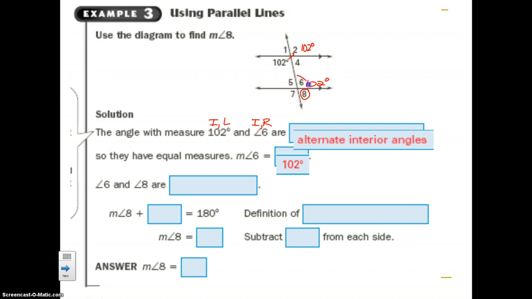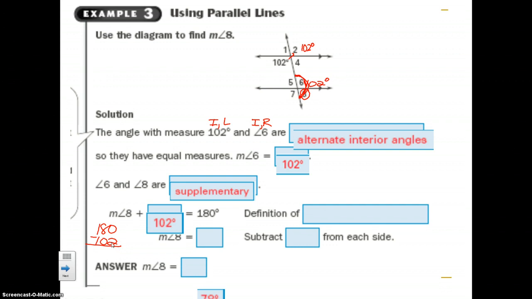6 and 8 are, see that half circle? If I draw from this dot to this dot, it's a half circle. That means they're 180 degrees. 180 degrees is supplementary. That means when I take measure of angle 8 and add 102, I should get 180. So think of it as saying 180 minus 102.